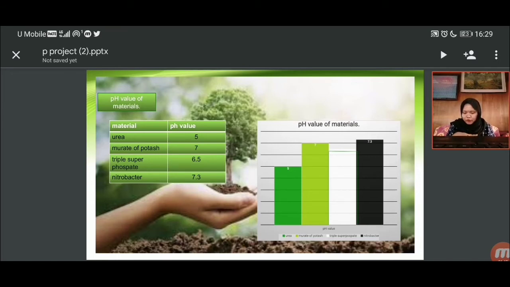Second is muriate of potash, also known as potassium chloride, which contains 60% potash. Potash is essential for plant growth and quality.